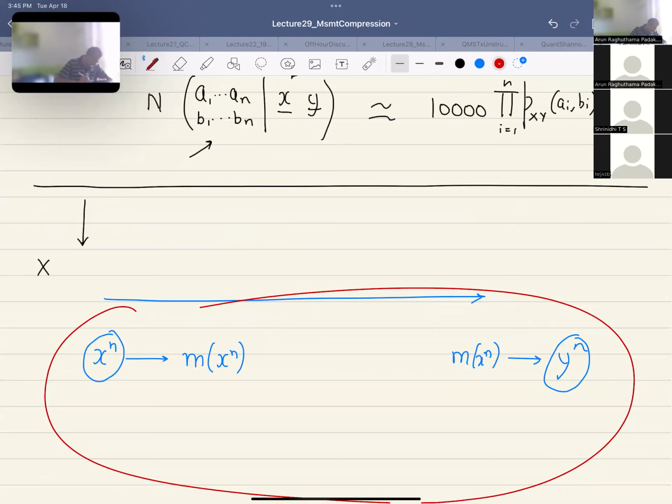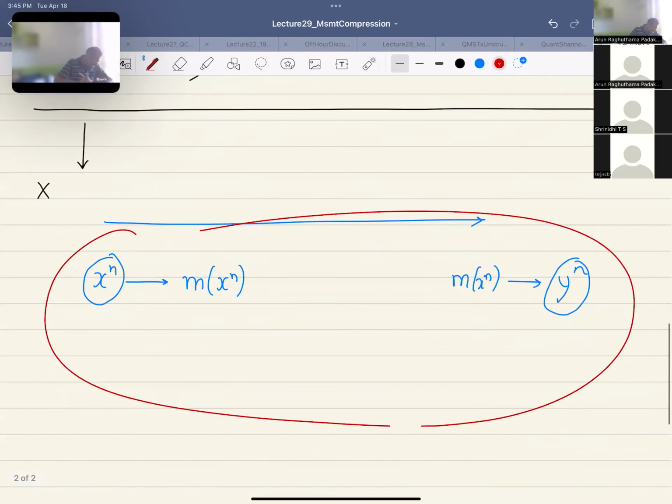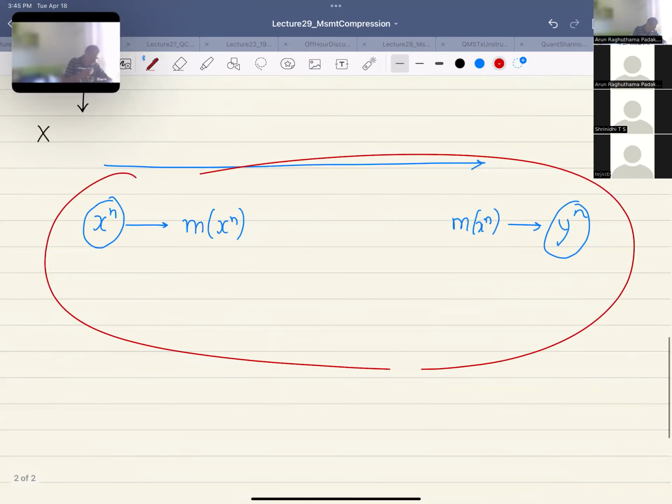Okay. Now the question is, how much information should Alice communicate to Bob to enable this kind of a protocol? See, this problem is different from the earlier problem. The earlier problem was communication. You had a message M and you wanted to recover that M perfectly. Now it's different.